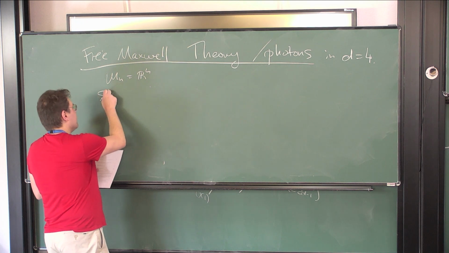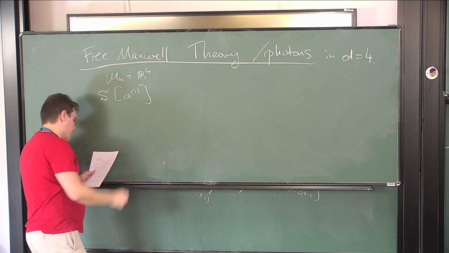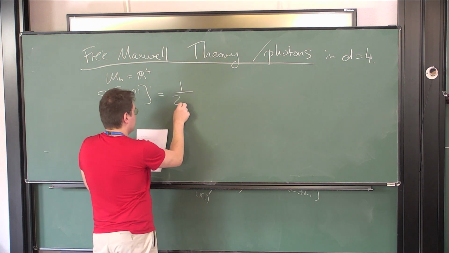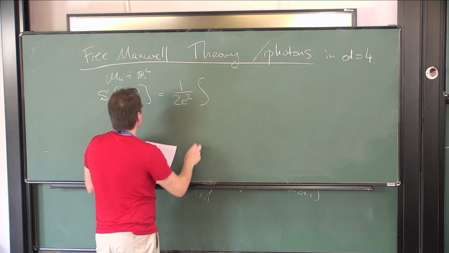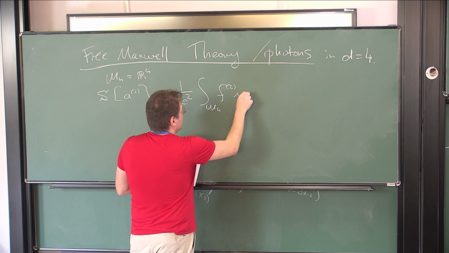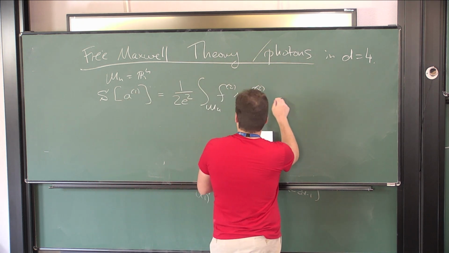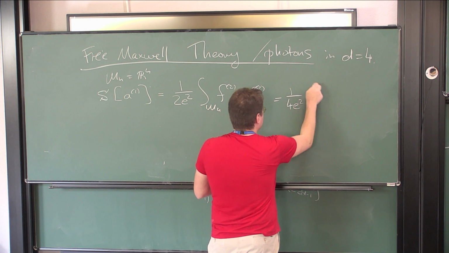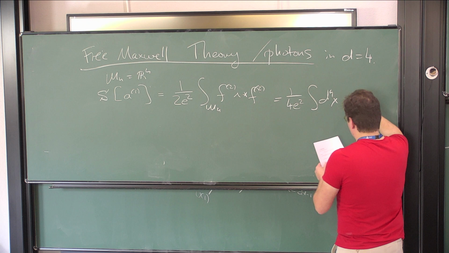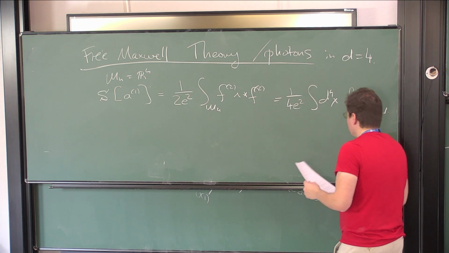I'm going to write the action as a function of a one-form connection, which I'll explain in a second, in the following way. And I'm going to try to write some actual formulas. This is the standard Maxwell action. I'll write it in 2 different ways, and then I'll explain what the different symbols mean. These 2 ways of writing it are the form way and the more old-fashioned component way, which are both useful.